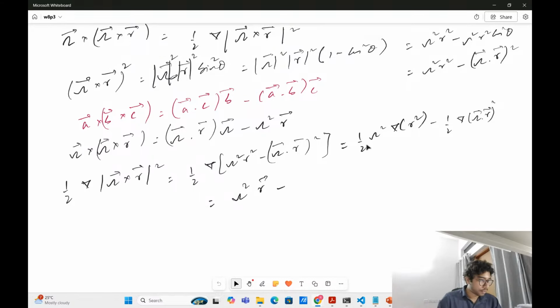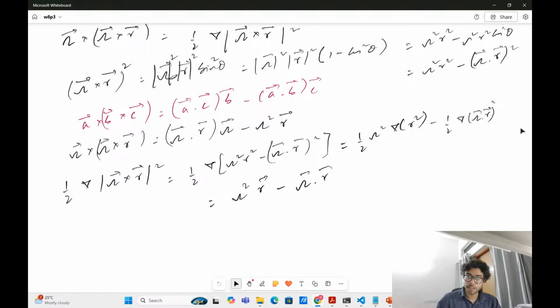r minus, so the delta of this thing will be twice this thing, right? So just chain rule. So this 2 will cancel again with 2. So this will be omega dot r, right?